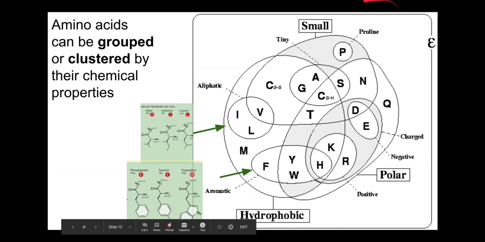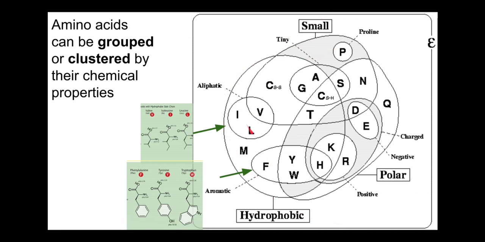All of this space is occupied by different amino acids. So the hydrophobic amino acids are close to each other, but there's separation here, probably because of the size difference between them. They're all hydrophobic, so they're on the same end of the diagram, but somewhat separated based on size.